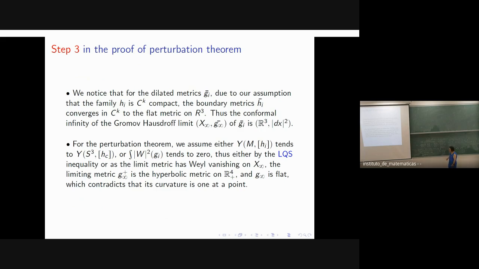And then you use the Liouville theorem I talked about to say that in fact this is a flat metric. That's the Liouville theorem we talked about the other day.